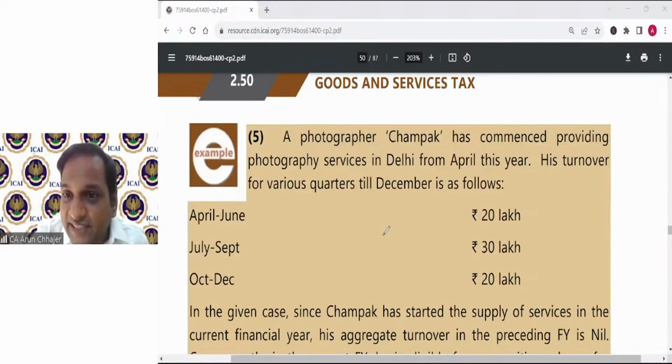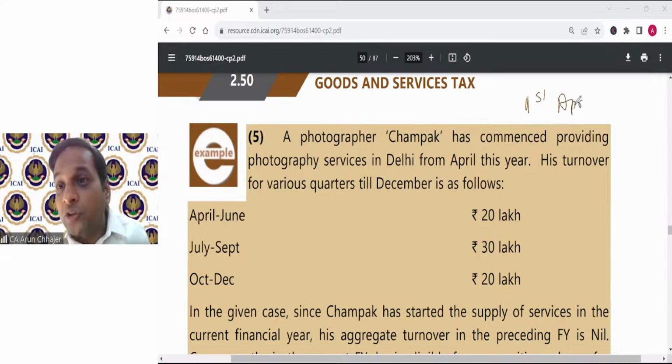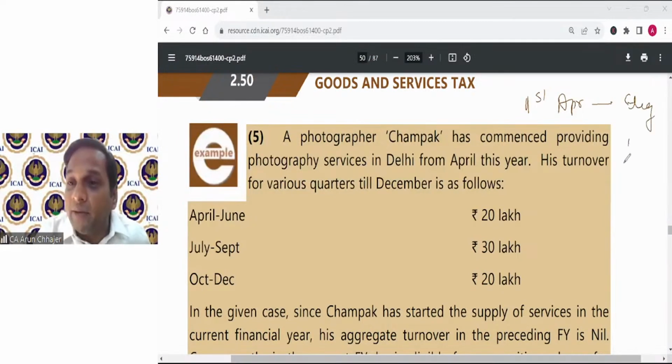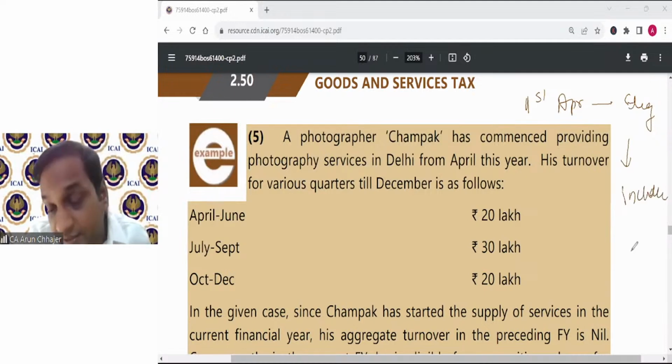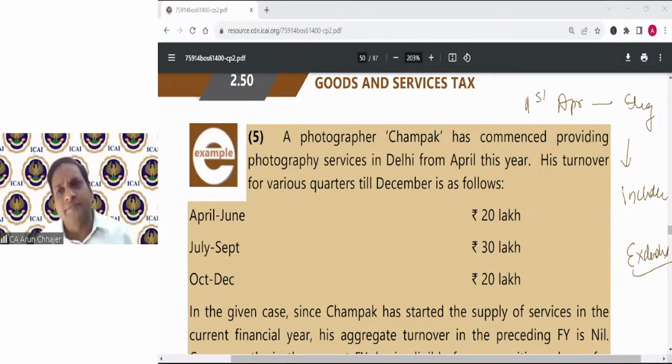See, explanation 1 says that the turnover from 1st April to the prior to taking the registration or prior to eligibility, it will be included. And at one place in the second clause, second explanation, it says it will be excluded. Sir, why there is so much confusion? Why they are saying included? Why they are saying excluded?